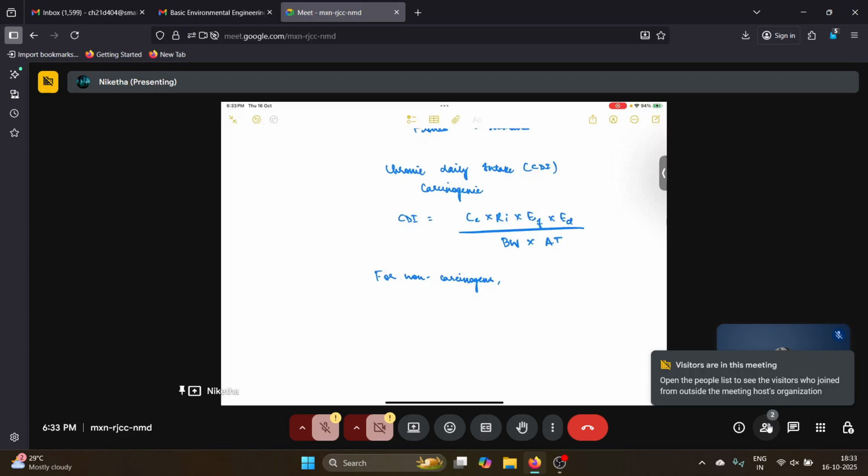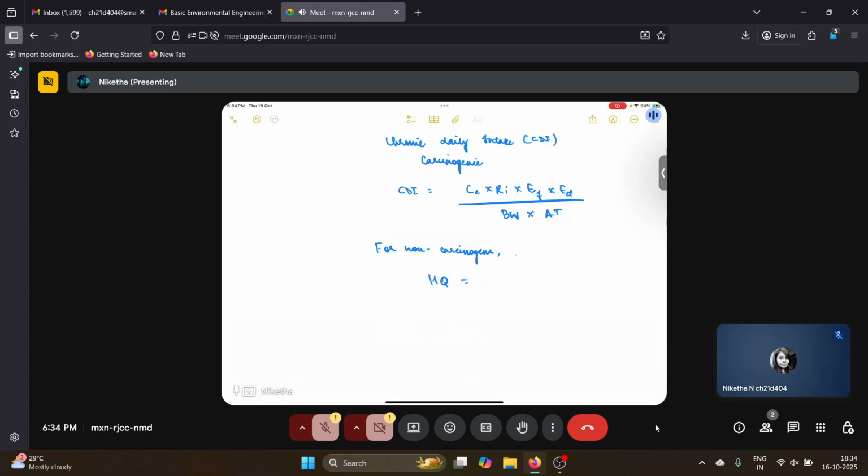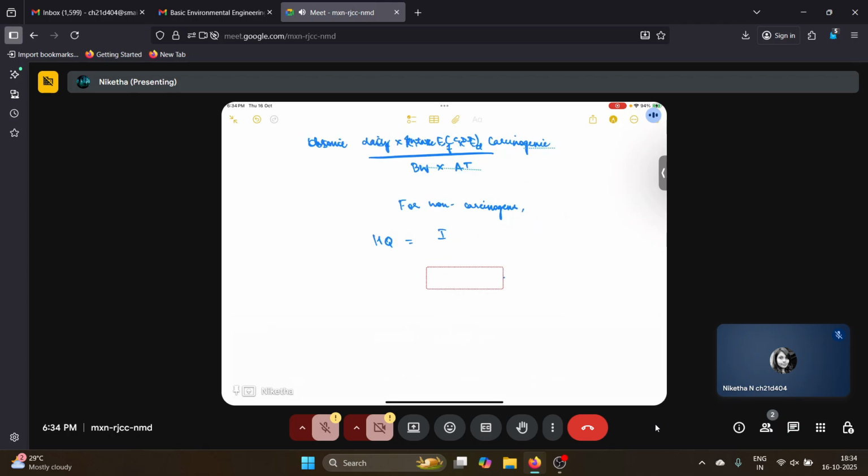So the HQ value is equal to the intake or the CDI for a non-carcinogen divided by the reference dose.